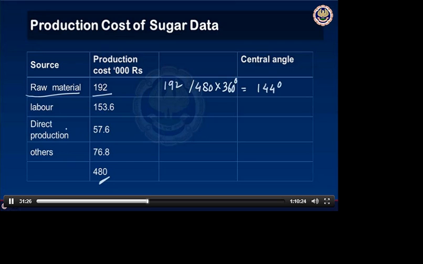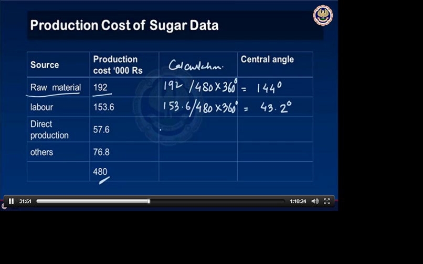So similarly, we can do it for labor also. Labor is 153.6. We will divide by the total cost, which is 480, multiplied by 360. This is simply a calculation, workings. So this will come to a figure of 43.2 degrees.